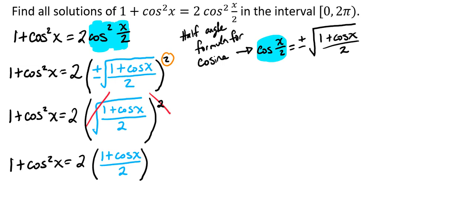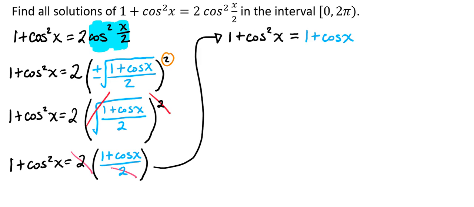And by looking at what that leaves us, we can see that our 2 and our divide by 2 are going to cancel each other out, which is going to leave us with 1 plus the cosine squared of x equals 1 plus the cosine of x. So we're going to move everything over to the left-hand side so that we have everything on the same side of the equation.